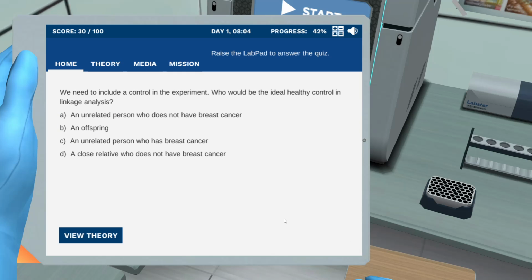We need to include a control in the experiment. Who would be the ideal healthy control in linkage analysis? Good thinking.